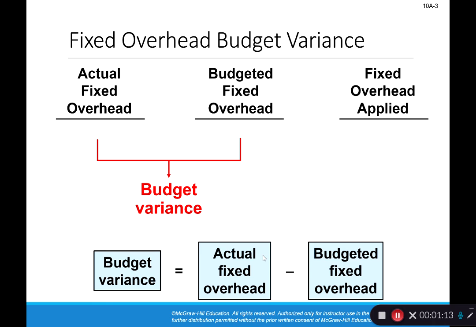In column 2, we'd have budgeted fixed overhead. Budgeted fixed overhead is going to be referred to as our denominator hours times our fixed rate. Well, if you remember, our predetermined overhead rate equals estimated overhead over estimated activity. This goes way back.